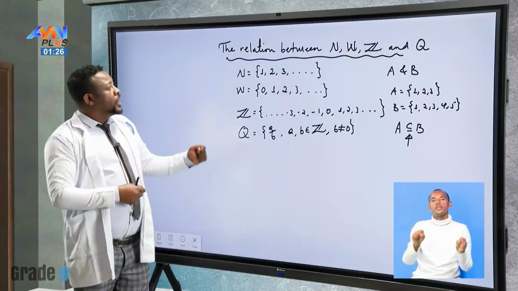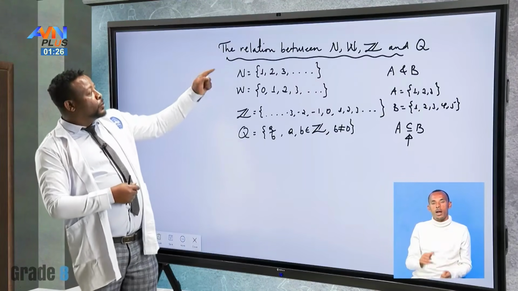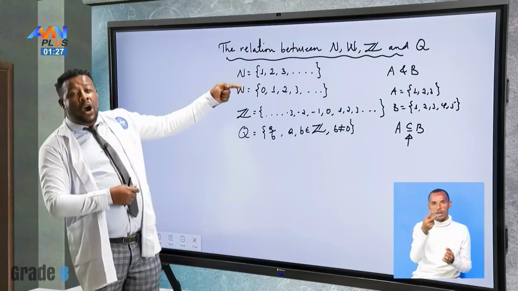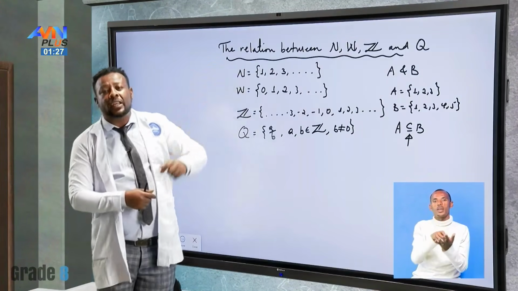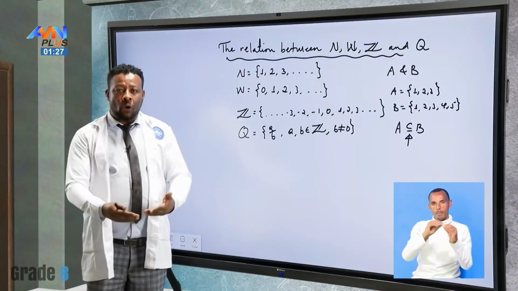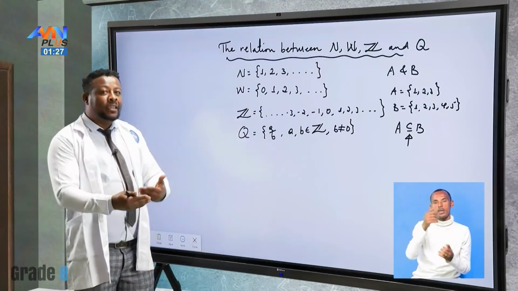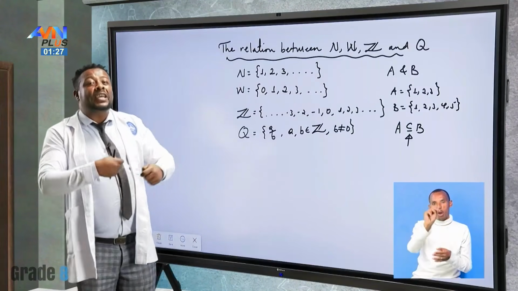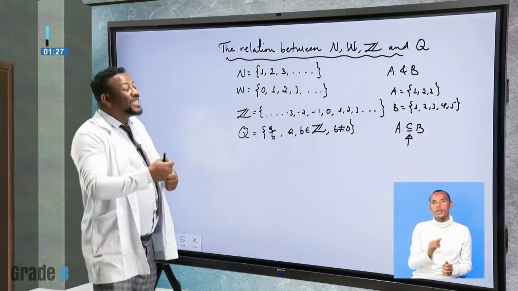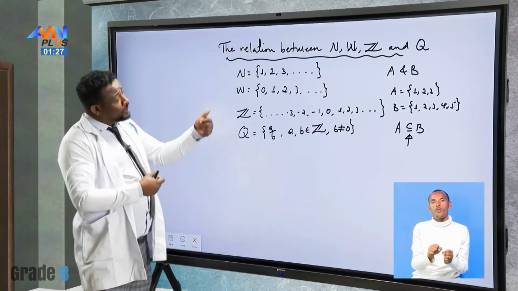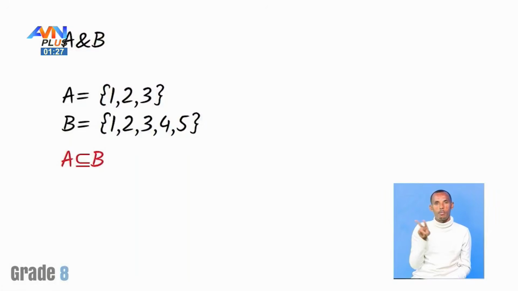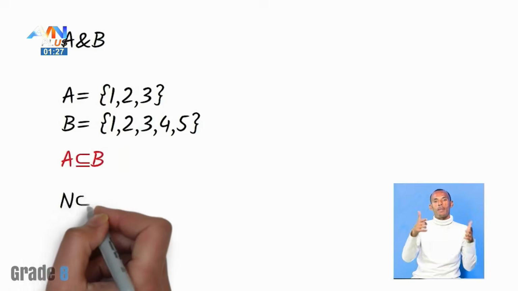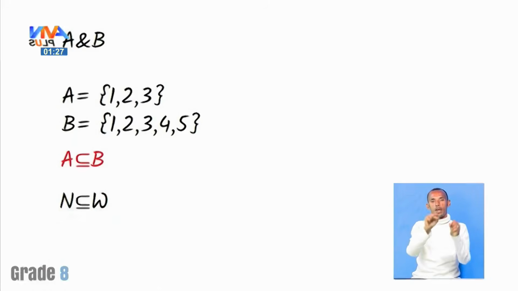Obviously, as you can see on these two sets, all the elements of natural numbers are included in the set of whole numbers. So we can say that the set of natural numbers is a subset of the set of whole numbers, and we can write capital N is a subset of W, okay?